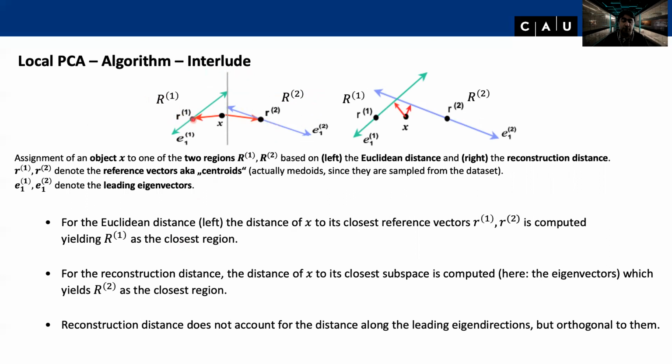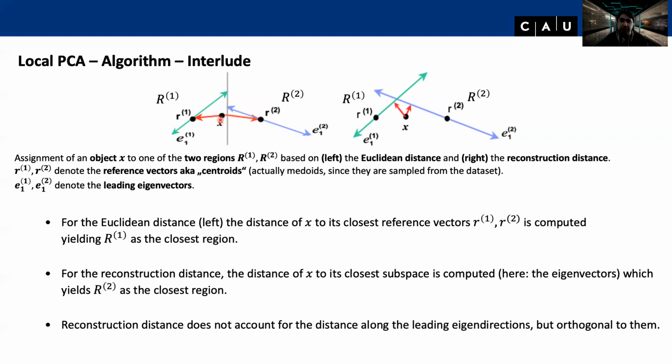So these are the corresponding centroids, or medoids actually, of the respective clusters. Then we have the m equals 1 principal component, called E1, and here the one principal component of region 2, which is E12. And on the left-hand side, what happens if we just calculate the Euclidean distance?